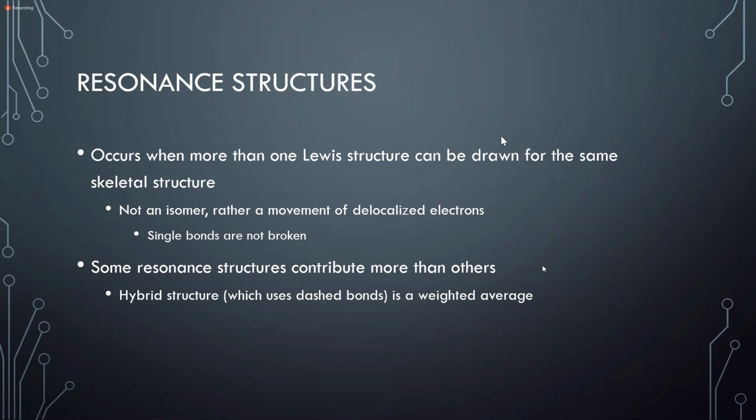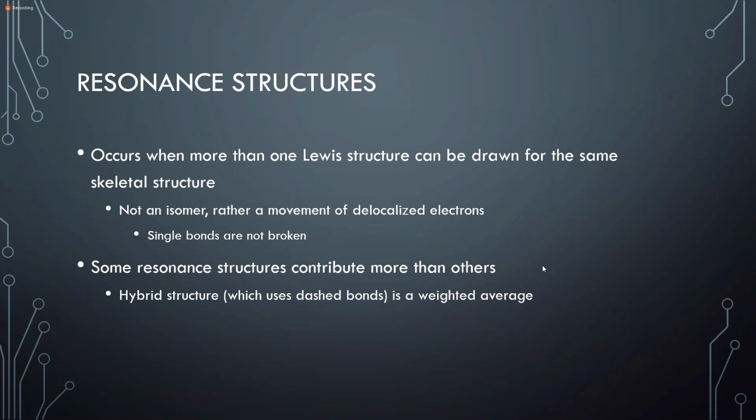And so when you're calculating your resonance hybrids, which is basically the combination of all your resonance structures, some will contribute more than others. We show this with dotted lines.